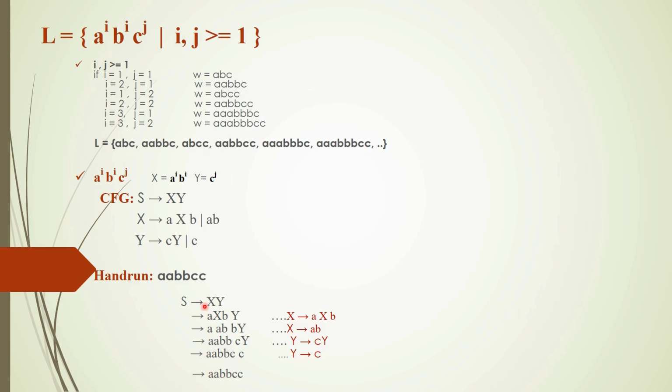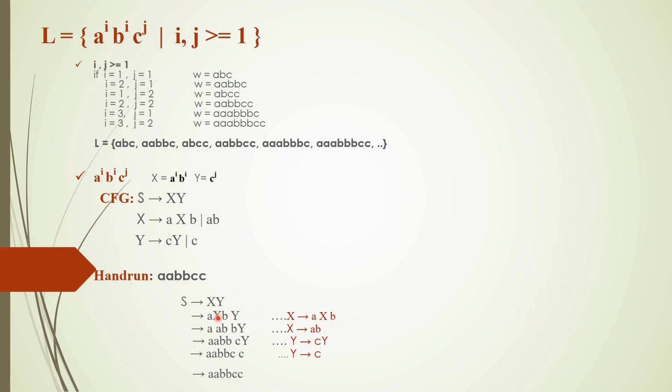So here you can see at the starting we use XY, as we need the whole abc string. Correct, that's why I am substituting this S as XY, as it is our starting point. Then this X is substituted with aXb, because we need aabb.